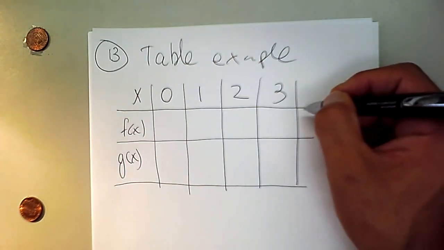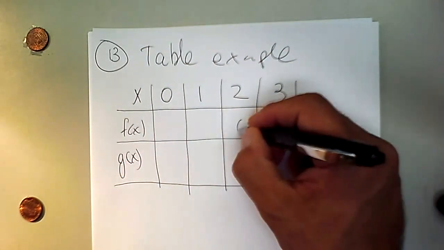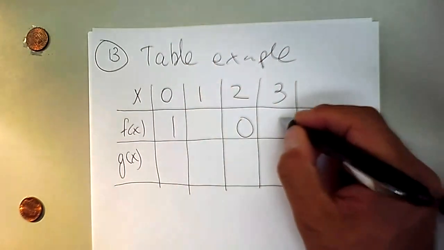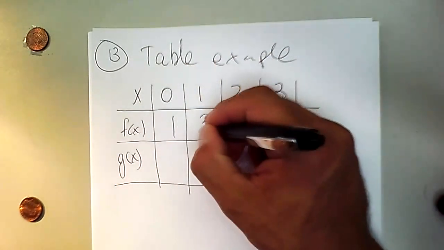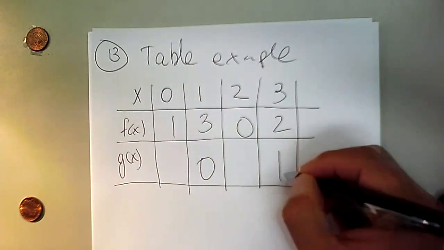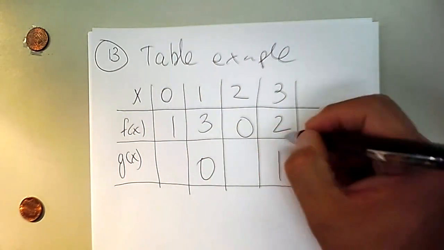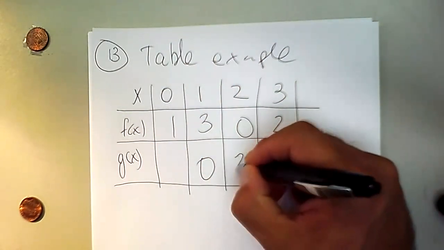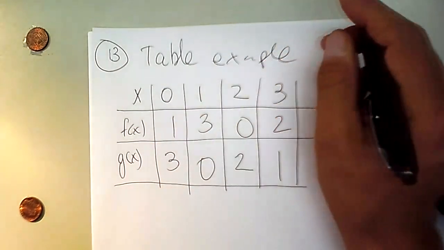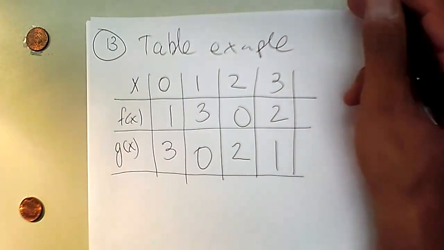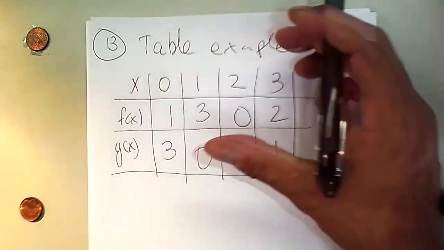So let's put the 0 here, and a 1 here, and a 2, and a 3, and a 0, and a 1, and a 2, and a 3. There we go. Okay, so given this table, so what is the function?